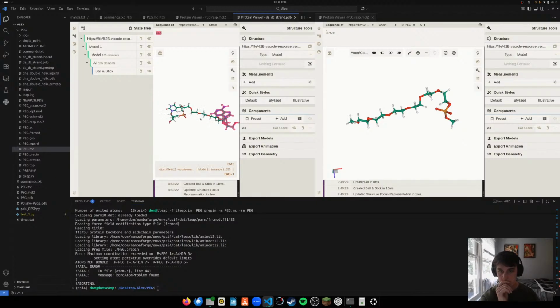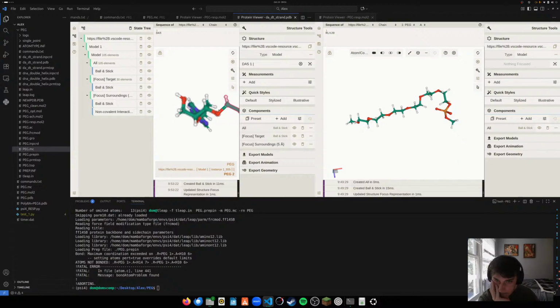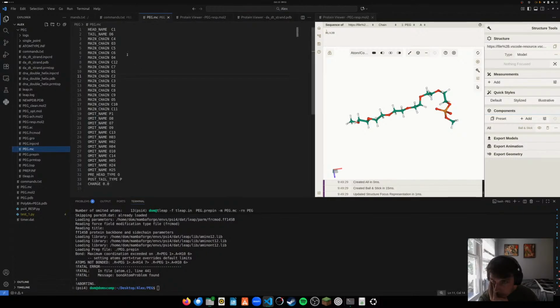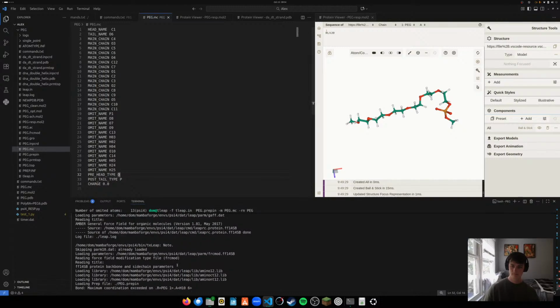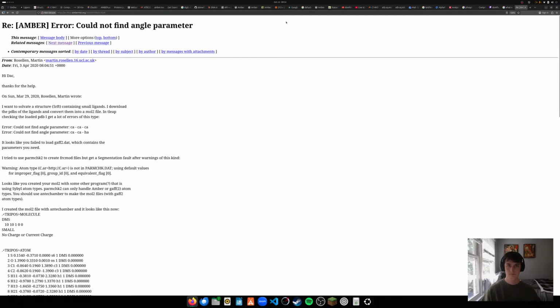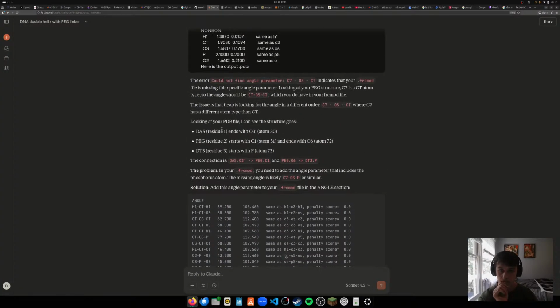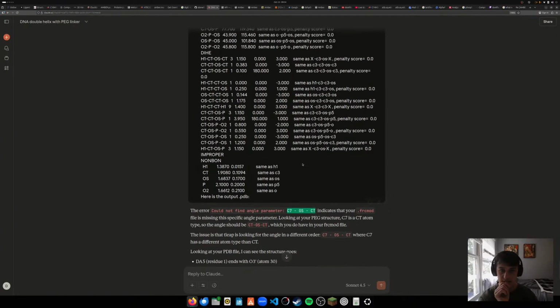So yeah, this is that is the head. Pre-head. I'm stumped, honestly. C7 OSCT.